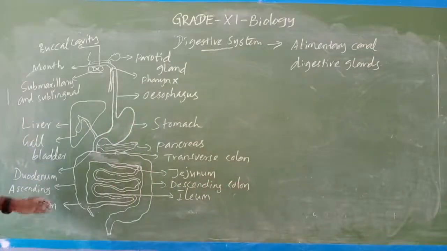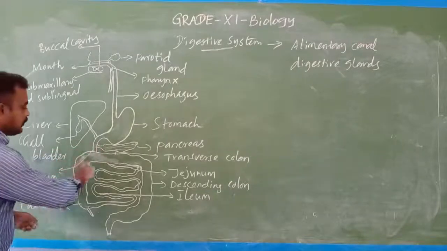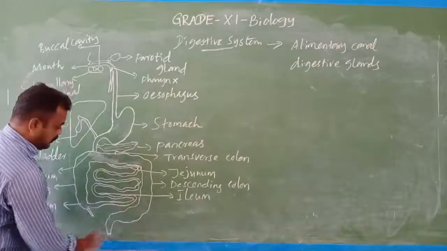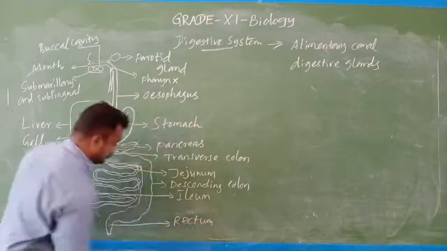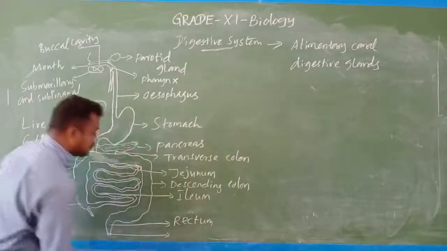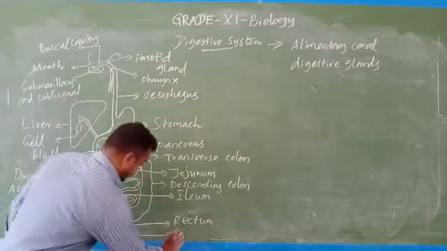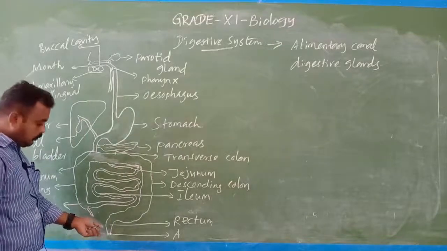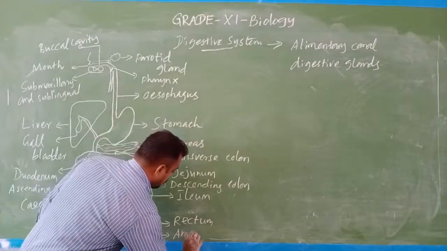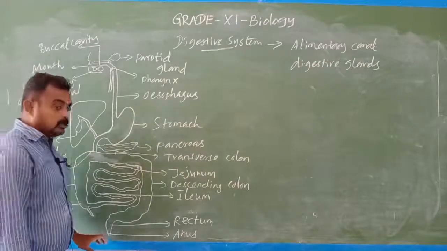So in the large intestine, the first part is the cecum, the second part is the colon. In the colon we have three parts: ascending colon, transverse colon, then descending colon. The final one is the rectum. Then the last part of the digestive system opens posteriorly through the anus. So it opens anteriorly into the mouth and posteriorly into the anus.